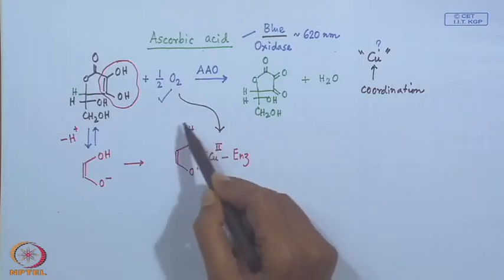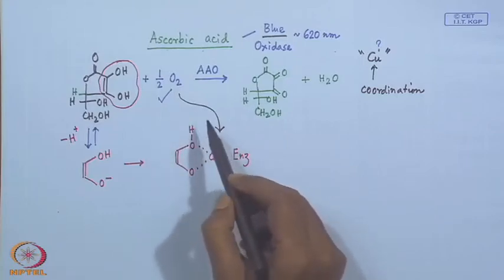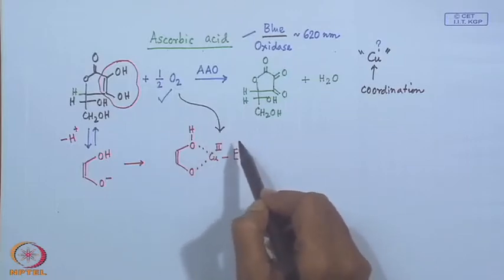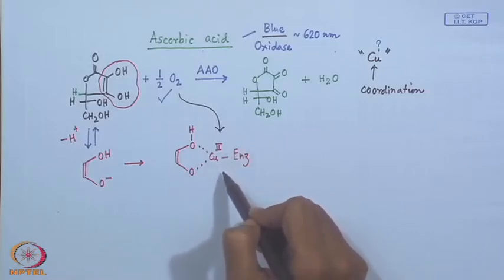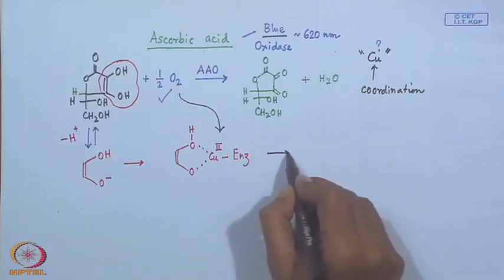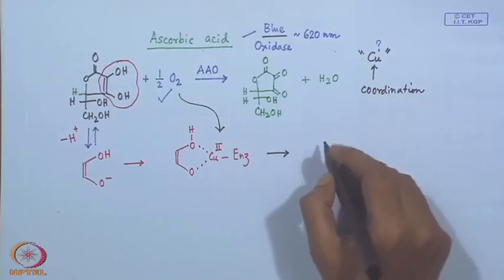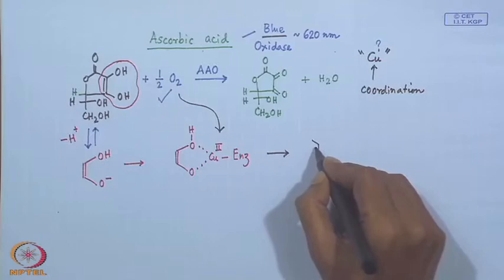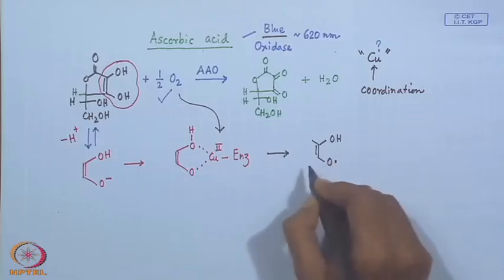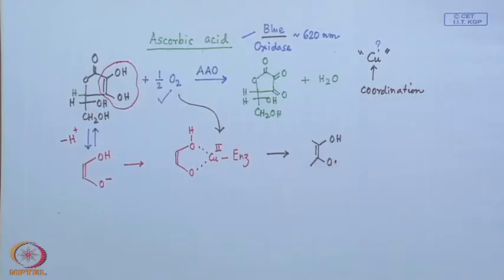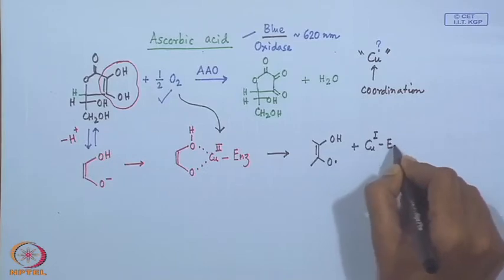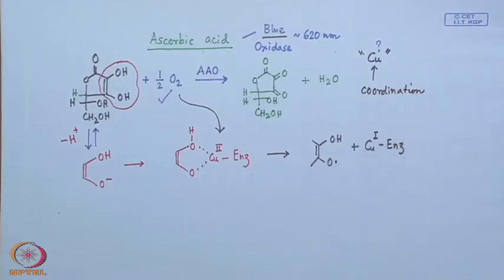So, this particular part is behaving as your bidentate ligand part, and that bidentate ligand part is attaching to the copper center, which is already bound to the enzyme part, and the second, the other copper center, is responsible for dioxygen binding, basically giving rise to something where you get a radical product, which is the corresponding oxidized form, and copper is reduced to copper 1 and still bound to your enzymatic form.